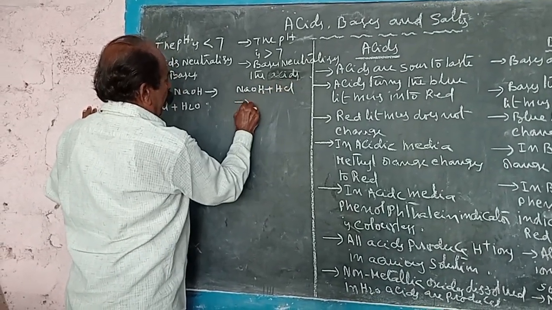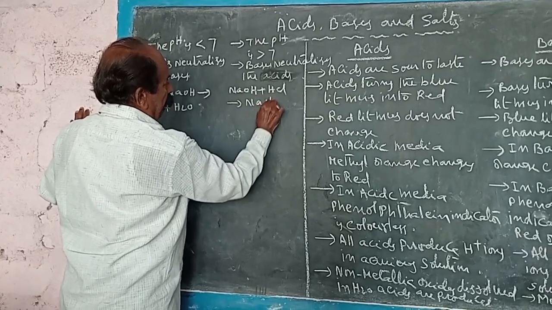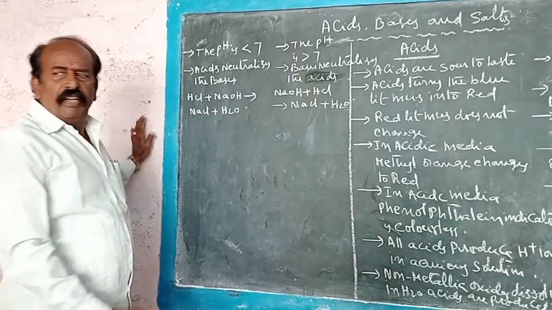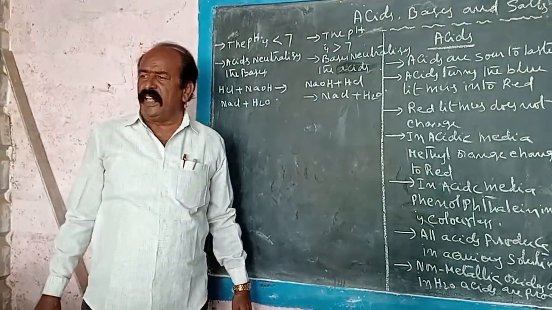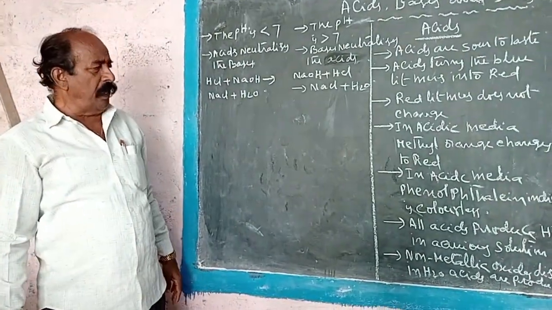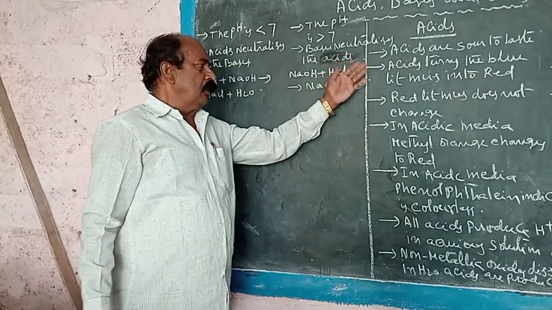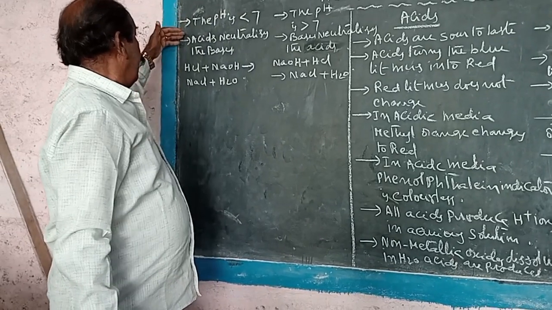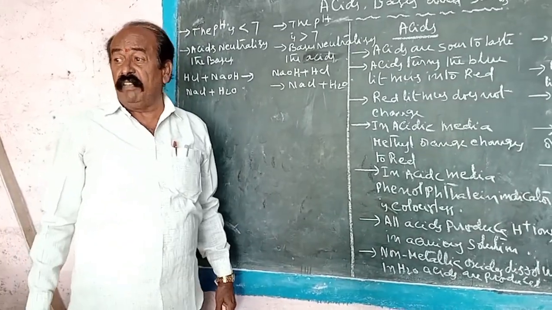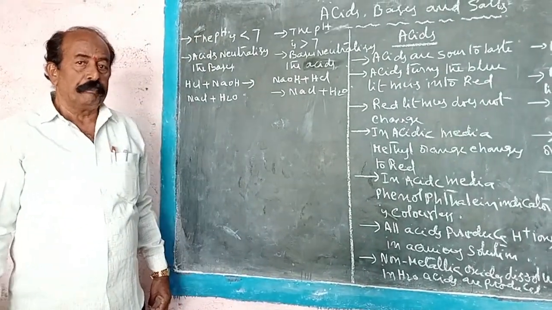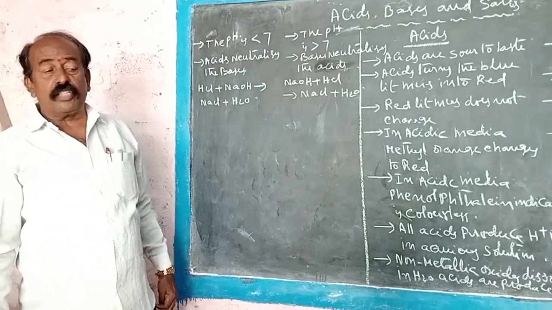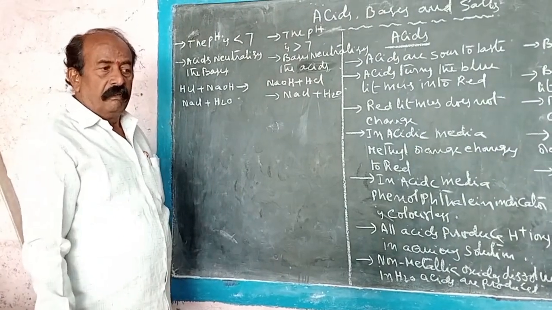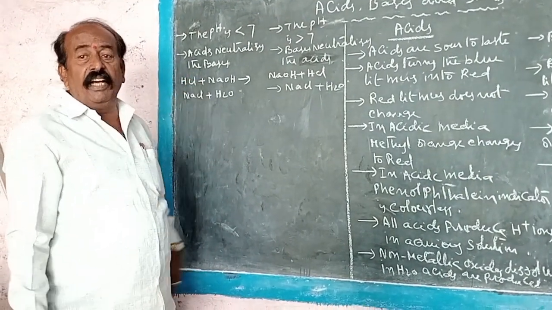It produces sodium chloride and water. So this is a very, very important question, whether it is given for 2 marks, 4 marks or 8 marks. 1, 2, 3, 4, 5, 6, 7, 8, 9. 9 differences are given here. In your textbook only 2 or 3 differences are given.